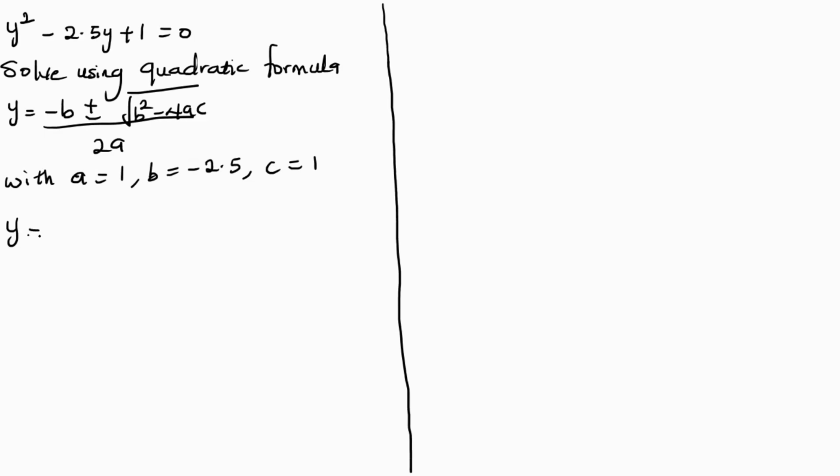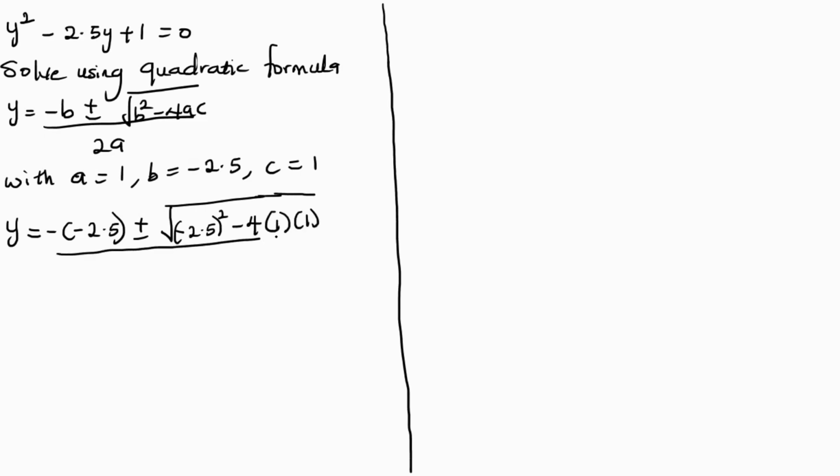We have that y is equal to minus b, which is minus minus 2.5, plus or minus the root of b squared, which is minus 2.5 all squared, minus 4 times a, which is 1, times c, which is 1, all over 2a, and we have a to be 1. So y is equal to minus times minus is plus, so this is going to be 2.5 plus or minus the root of minus 2.5 squared, which is going to give us 6.25, minus 4 times 1, which is 4, over 2 times 1, which is 2.